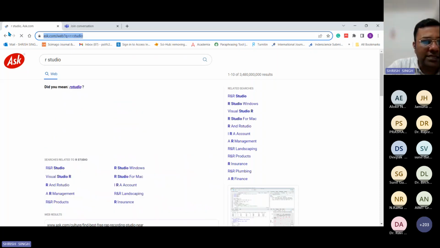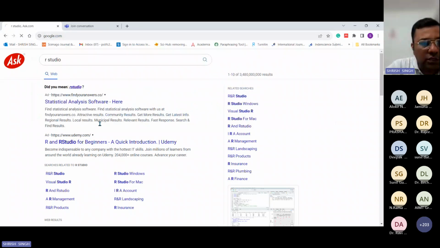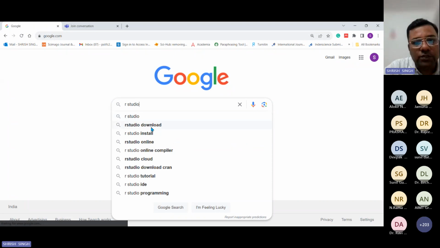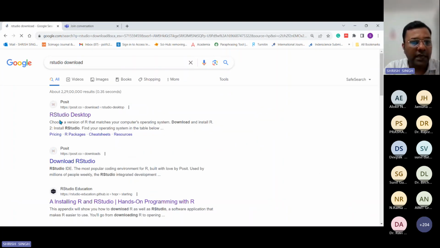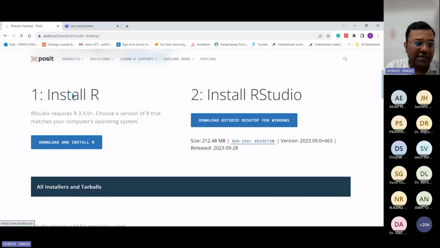You can search on Google again, write R Studio download, and find it from here, then go to R Studio Desktop, right? Whenever you go there, it will ask you some questions. You can download R and R Studio from here also.